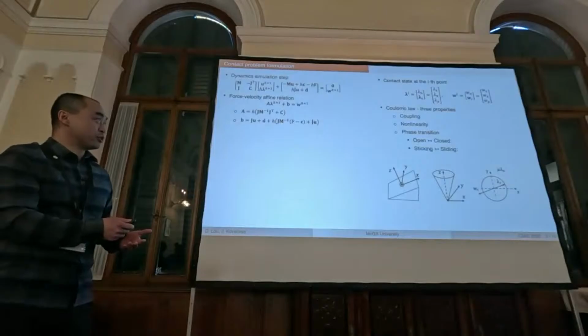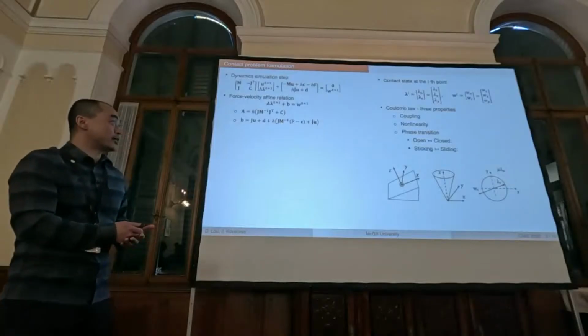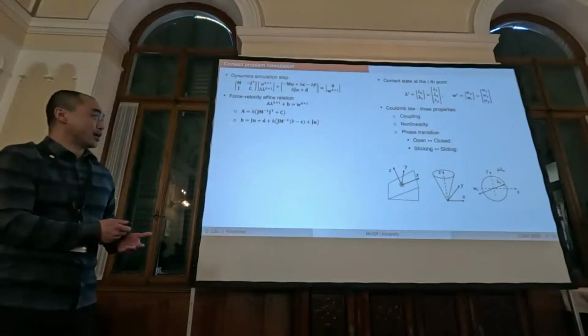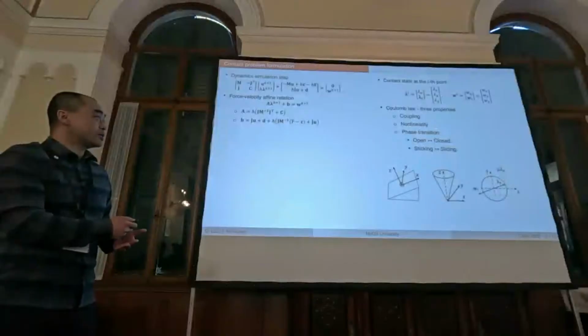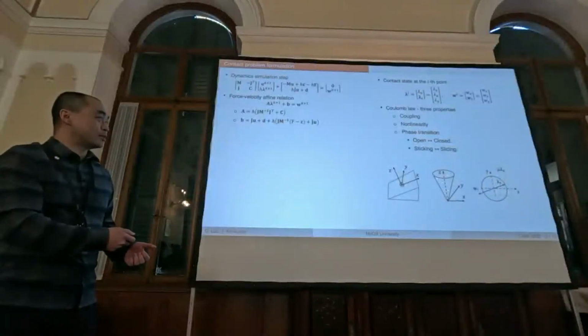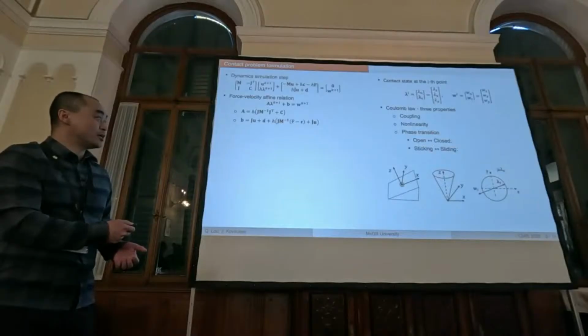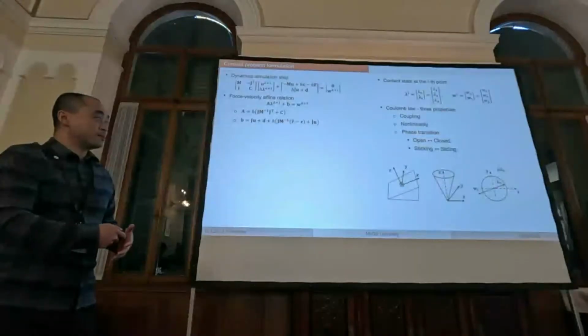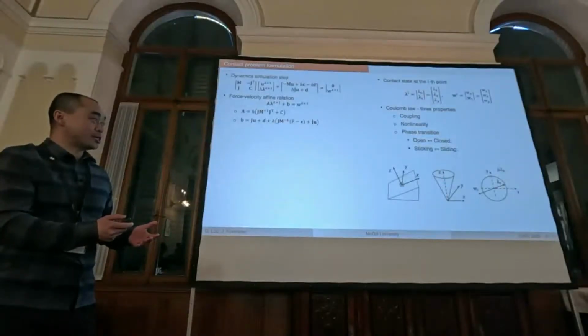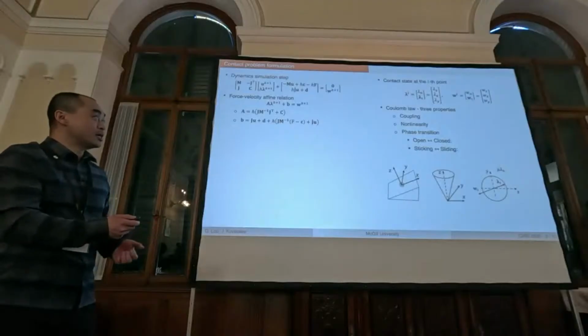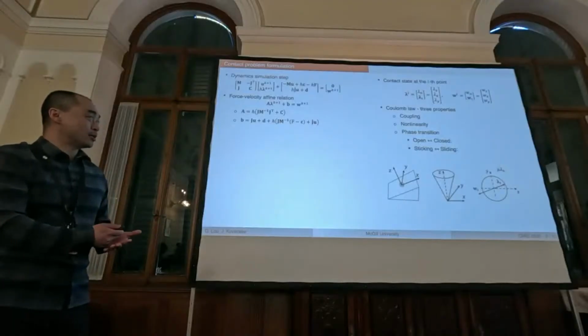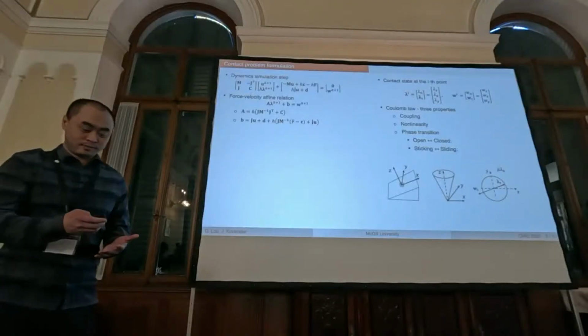The Coulomb friction law imposes 3 key properties on this contact state. The coupling: the tangential force is always bounded by the normal force, forming this friction cone. The nonlinearity: in the tangential plane, the bound forms a friction disk, circular in all directions. Then the phase transition between open and closed, sticking and sliding.